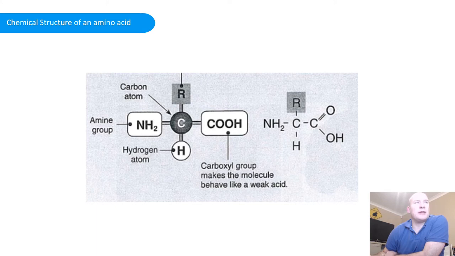First of all, we've got to look at the chemical structure of an amino acid. Now, the good thing about these molecules is that they are chemically the same.